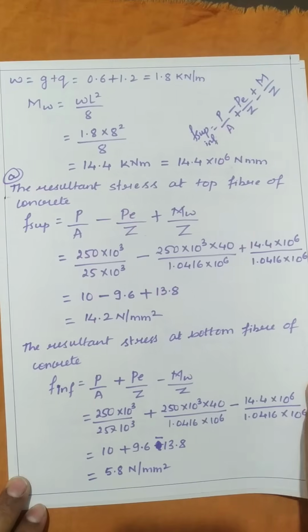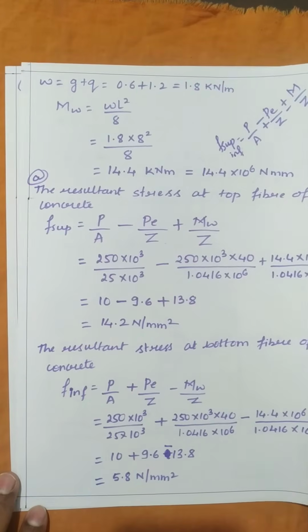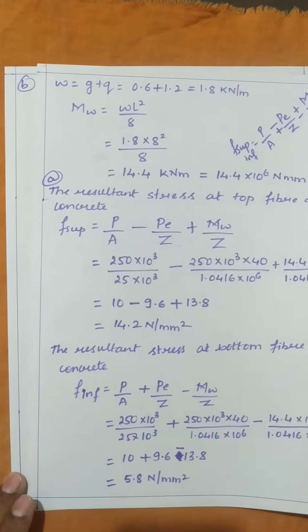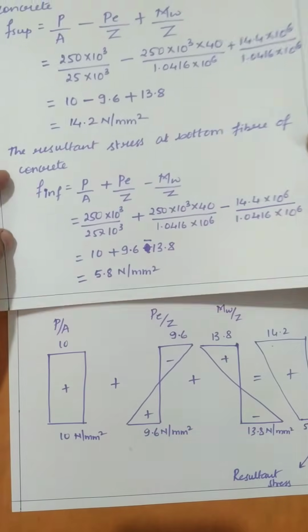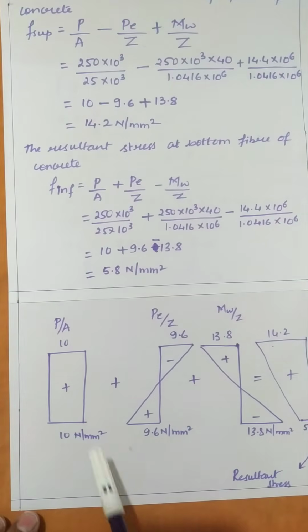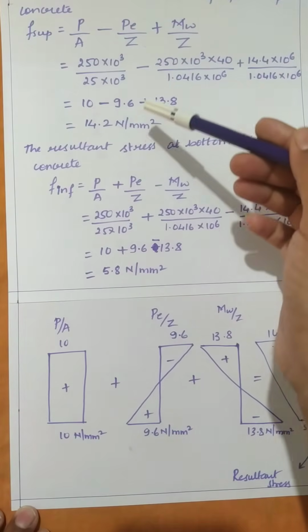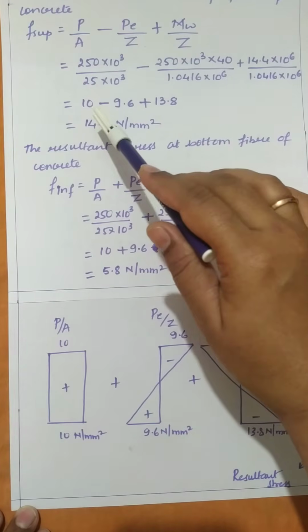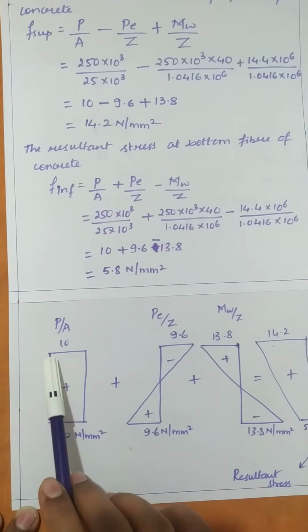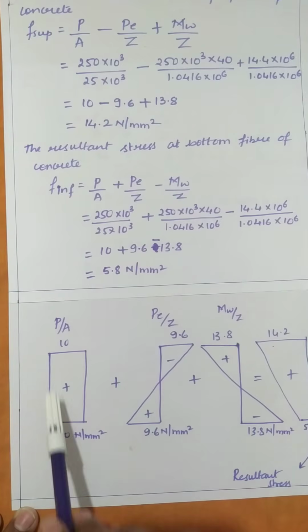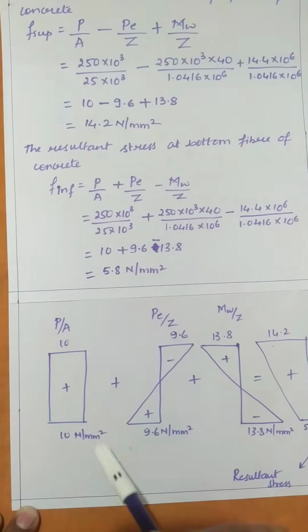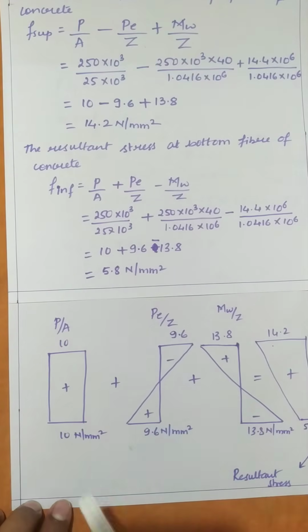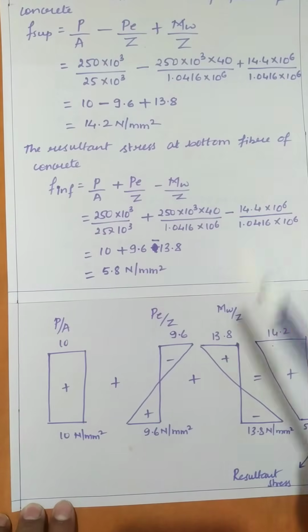Now let us represent these stress values and draw the stress distribution diagram. Here P by A is 10 Newton per mm square; this is how we draw the stress due to the pre-stress, positive. Then plus minus PE by Z: at top fiber it is minus 9.6.